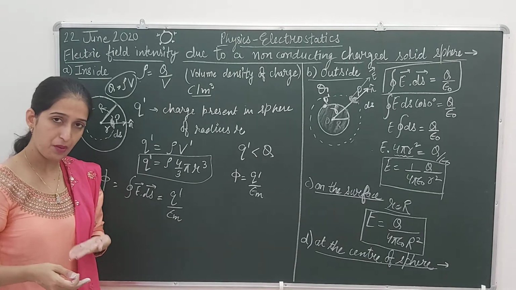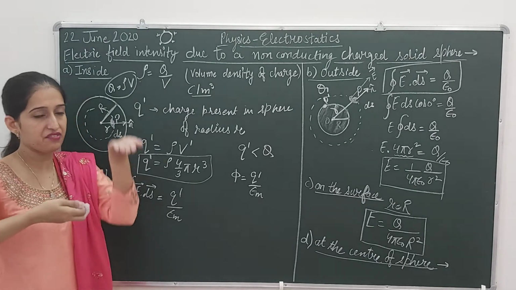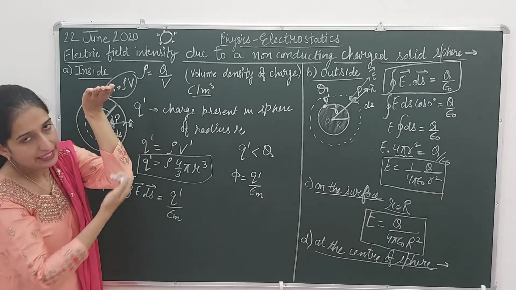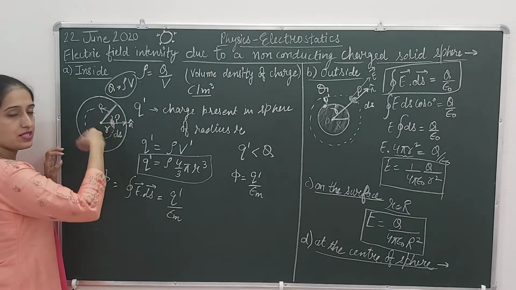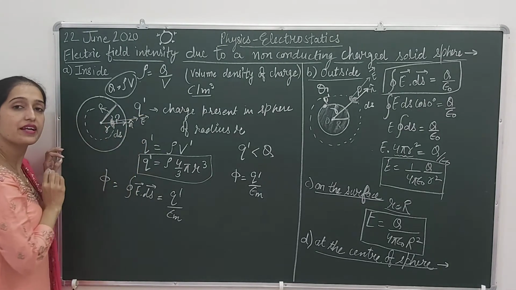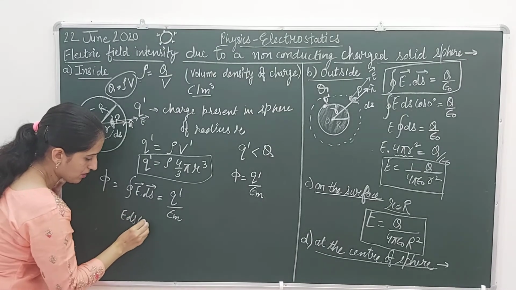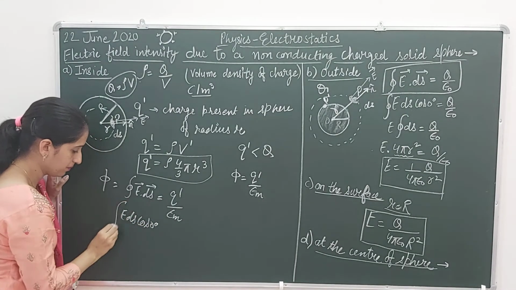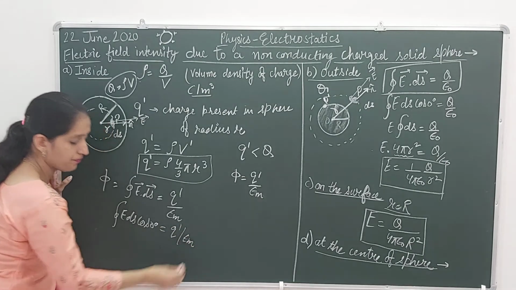If I am observing from here, then the area vector is in the downward direction. And again, because it is positively charged, the electric field intensity will also be in this direction. So opening this, E ds cos 0 degree equals q dash upon epsilon m.